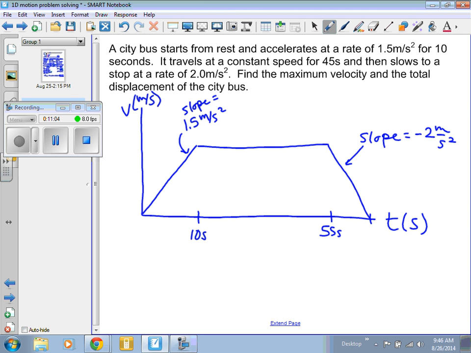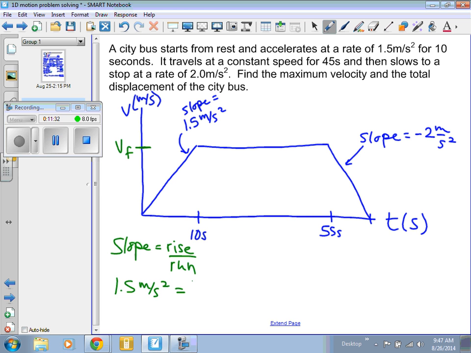So we know that the slope is 1.5 meters per second squared. We are looking for this value right here, which is our V final. So we know slope is equal to rise over run. So our slope is 1.5 meters per second squared.